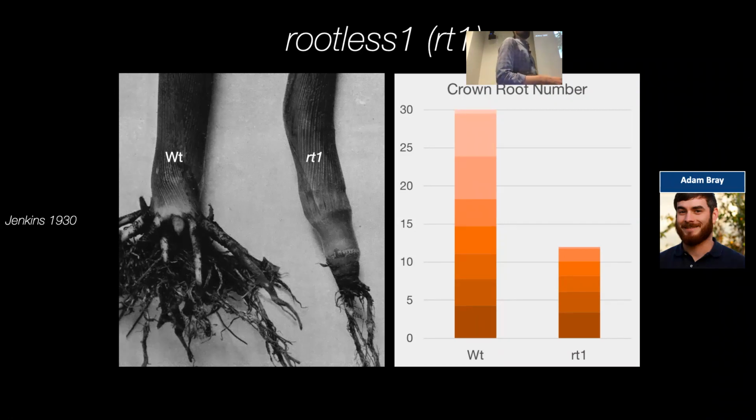So these are the roots that form at the base of each leaf, and they become the predominant root system of corn. And they form in a whorl at the base of each leaf. And in rootless 1, the most severe mutant, there's almost none. And there's definitely none above ground. Very strong mutant. We know now that it's a bHLH transcription factor, which is pretty cool.